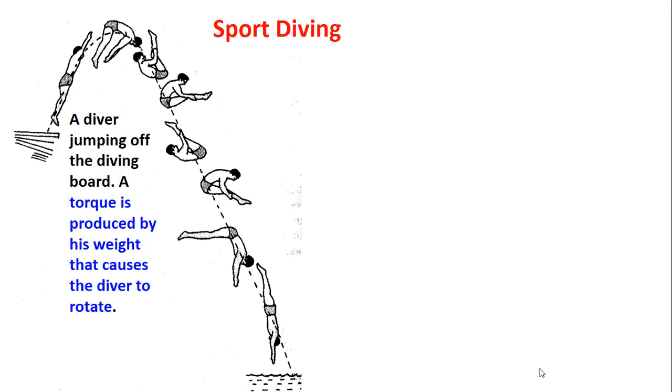Another example is the sport of diving. As the diver jumps off the diving board, a torque is produced by his weight, and it causes the diver to rotate. So how can the diver make a few rotations in the air?